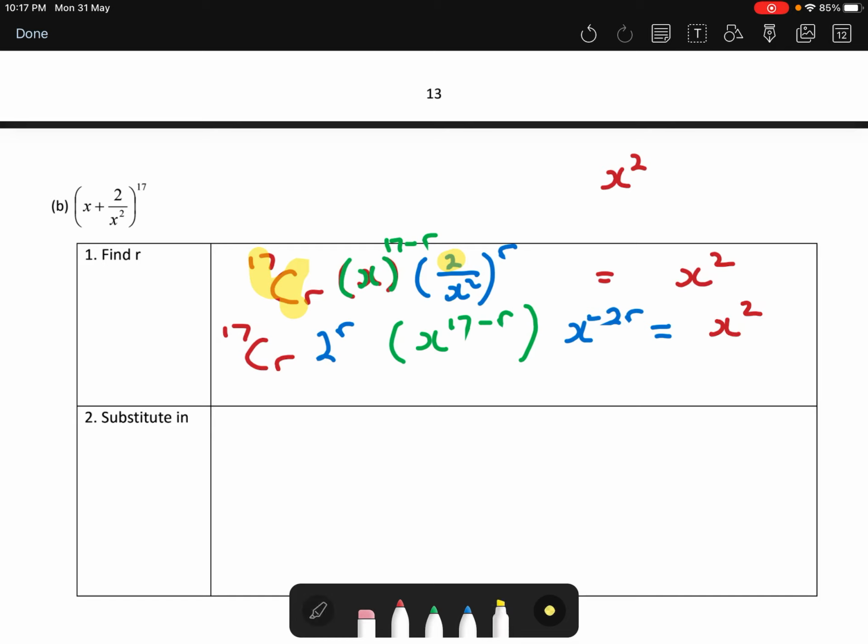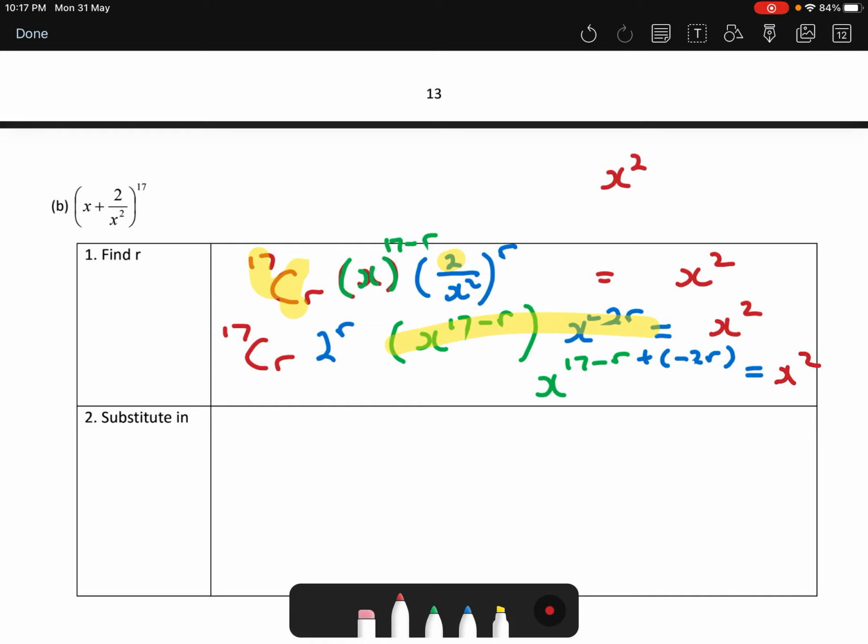Now I manipulate this green x and blue x. Because this is multiplication, it's just plus. So it becomes x to the power of 17 minus r plus negative 2r, equal to x squared. I ignore my 17 choose r and 2 to the power of r for now. Then I solve for r, because I want x squared.